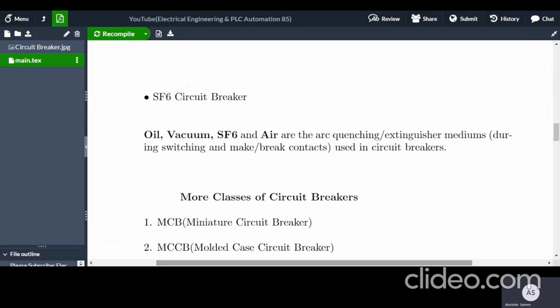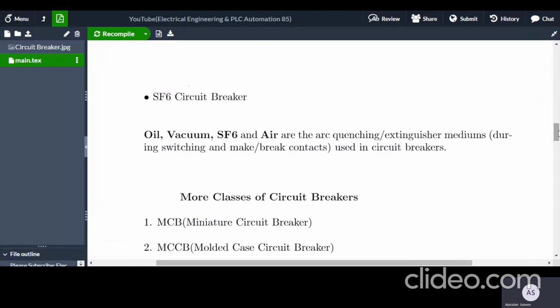In switching, contacts of circuit breakers make or break. In that case, arc phenomena arise, which is harmful for our circuit breaker. So some popular arc extinguishers are oil, vacuum, sulfur hexafluoride, and air circuit breakers.